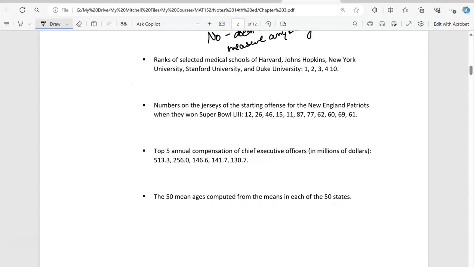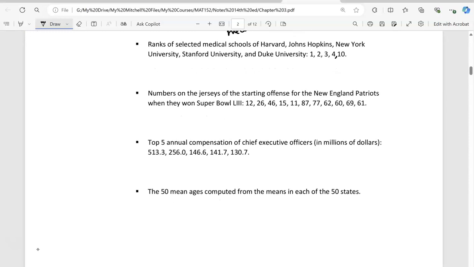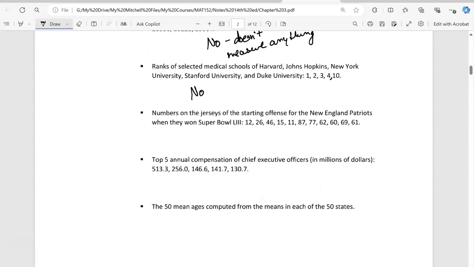Second one, let's look at ranks of selected medical schools such as Harvard, Johns Hopkins, New York University, Stanford, and Duke University. So I've got the ratings here. The question is, does this really mean anything if I find the mean or the median? And again, the answer is no. It's not going to mean anything.